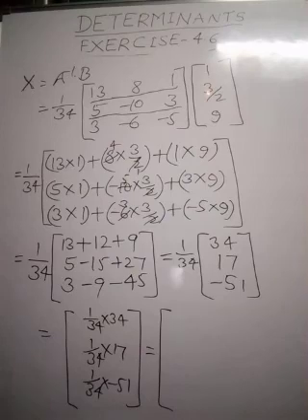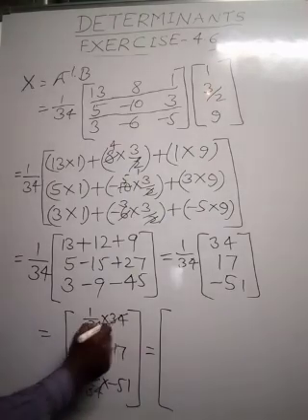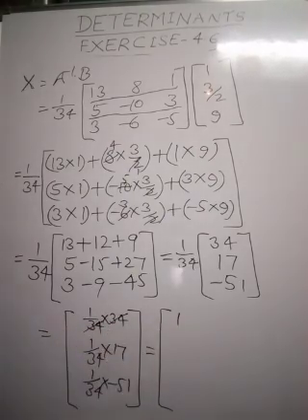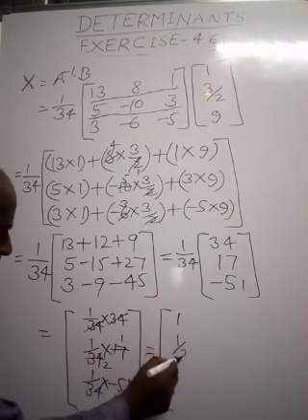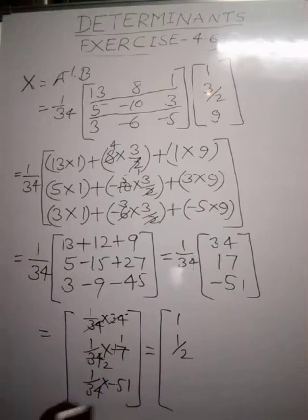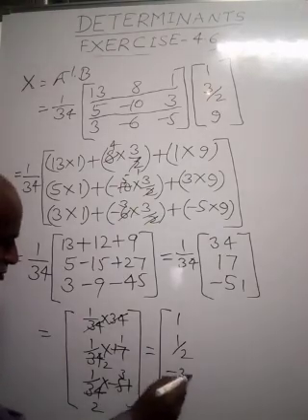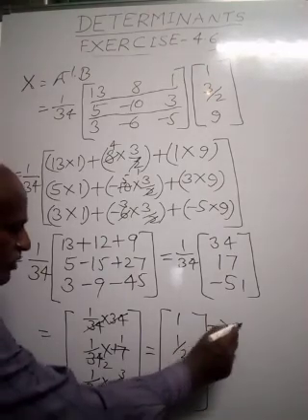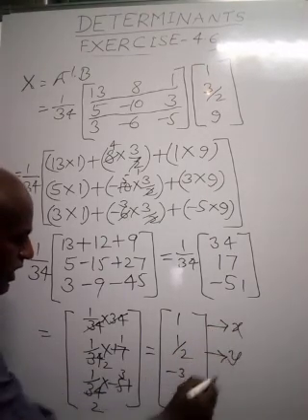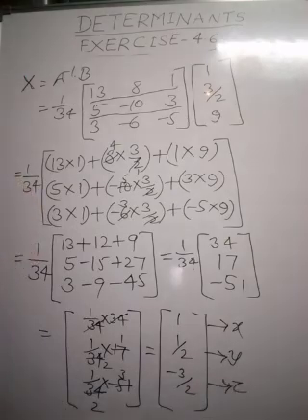Now simplify it. What will you get here? By striking out, we get here 1. Here 17 ones are 17, 17 twos are 34, so 1 by 2 we get here. Here 17 twos are 34, 17 threes are 51: minus 3 by 2. These three are the values of x, y and z. This is the value of x, this is the value of y, and this is the value of z.